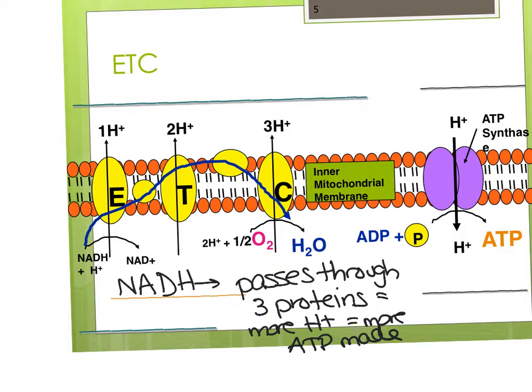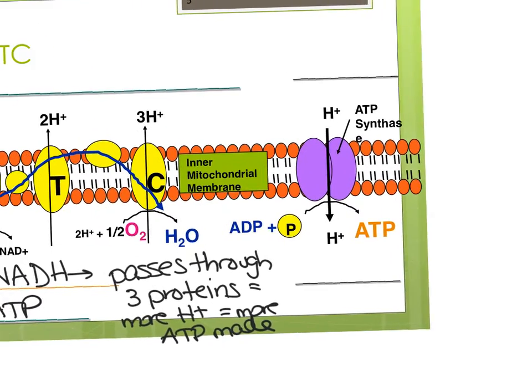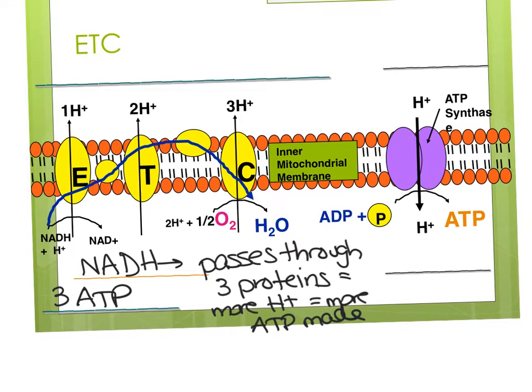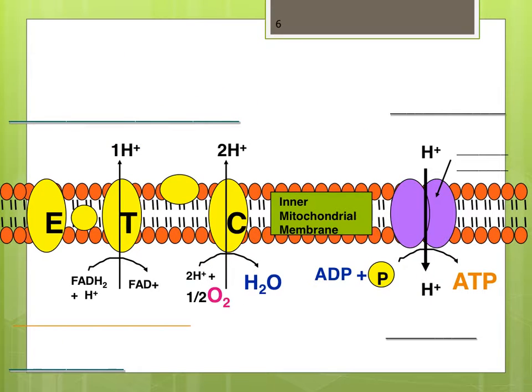So we said for each NADH, we can make 3 ATPs. Remember, your FADH2 is going to start much further down the line. So we end up with a high concentration of hydrogen ions here and a low concentration down here. What's going to happen? It's going to diffuse through and cause the ATP synthase to work.